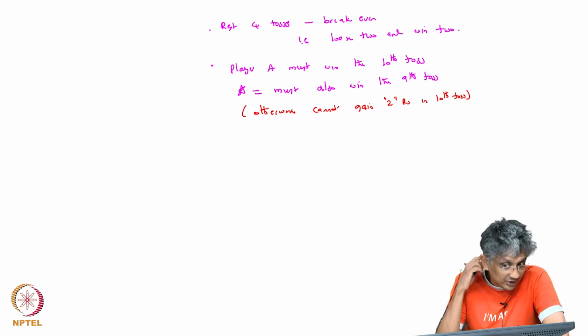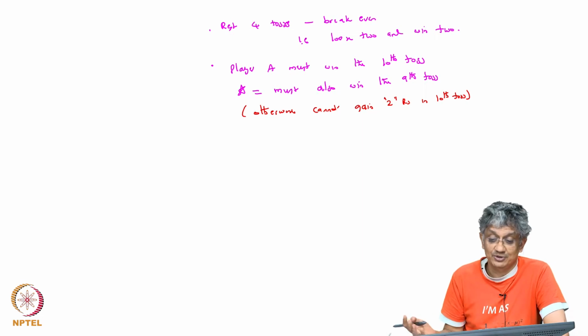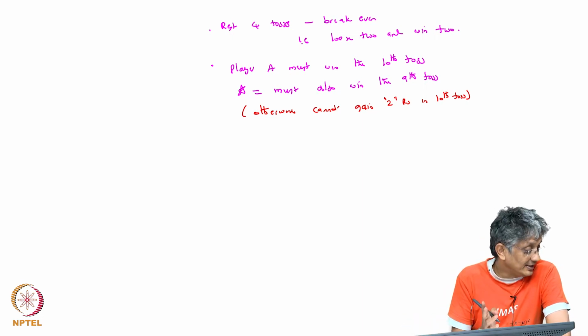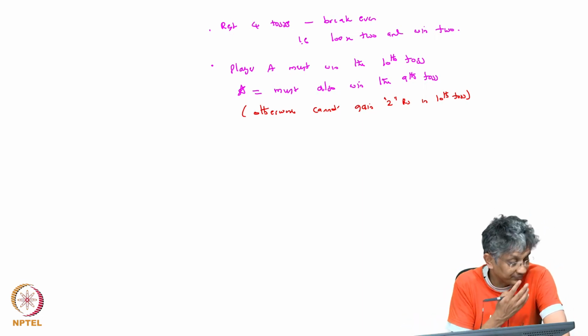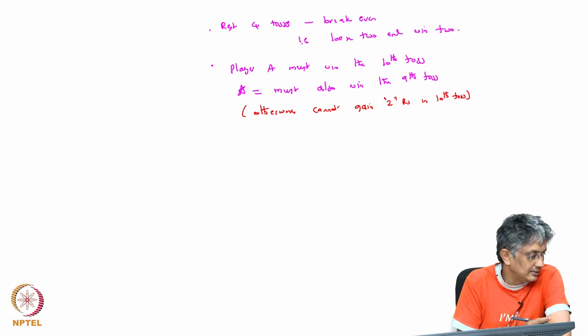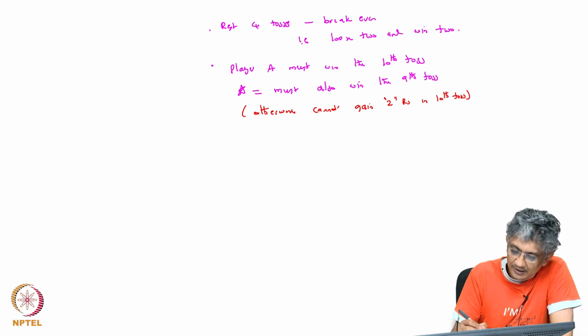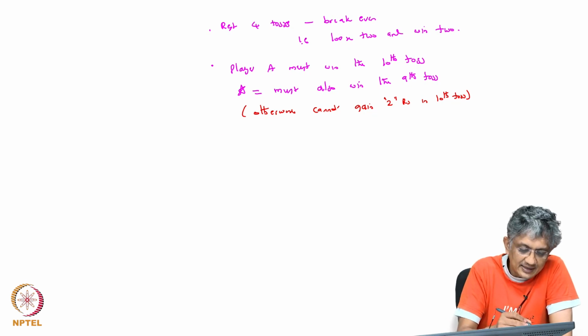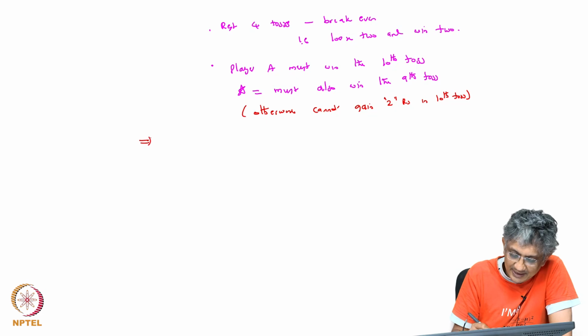The player would have lost 1 by the 9th toss and had to gain it back, and it's not possible to do it. So the last 2 are win-win.